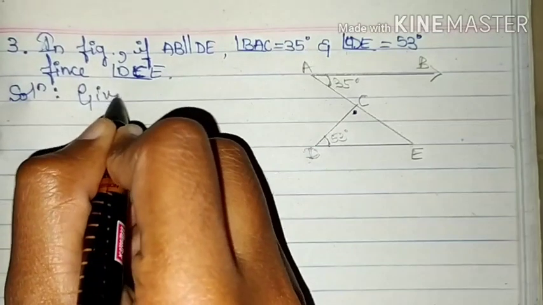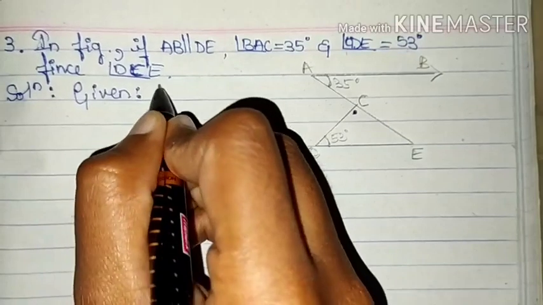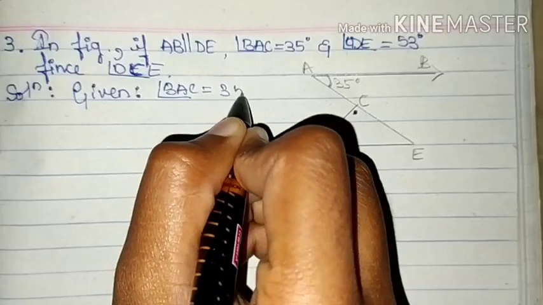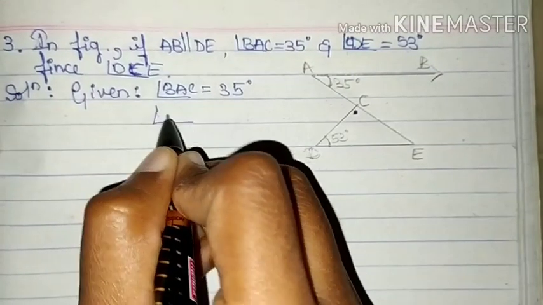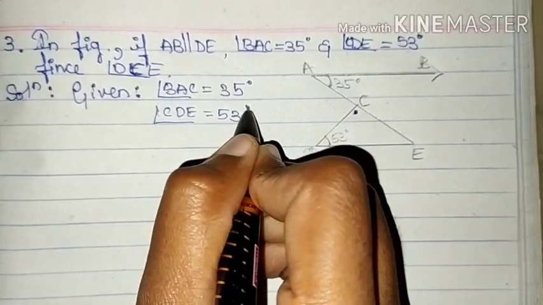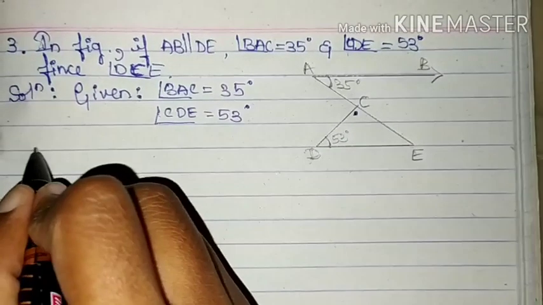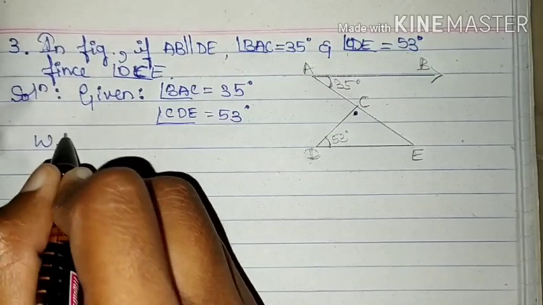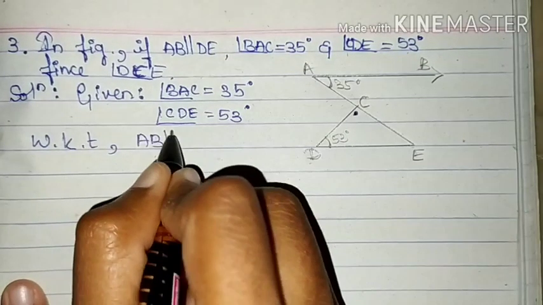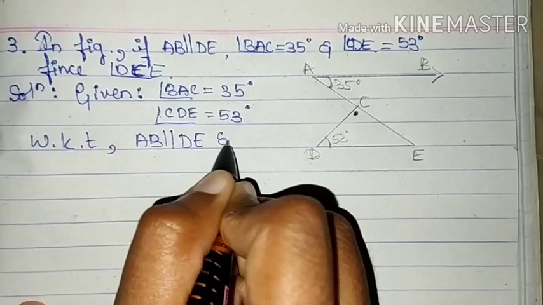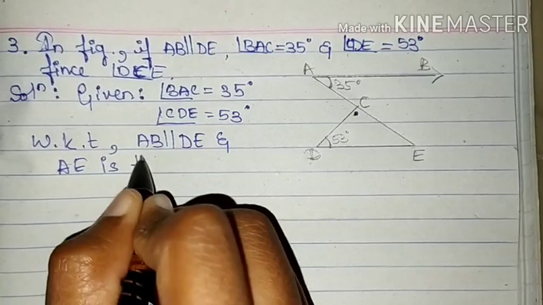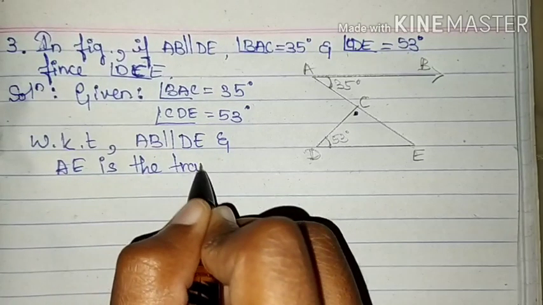Given angle BAC is equal to 35 degrees, angle CDE is equal to 53 degrees. So now we know that AB is parallel to DE and AE is the transversal.